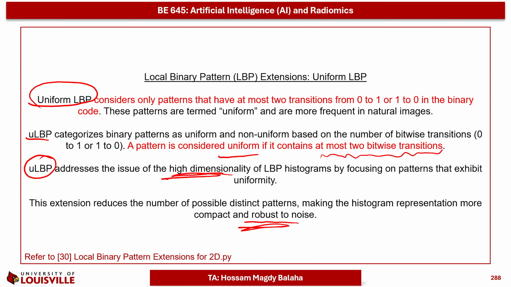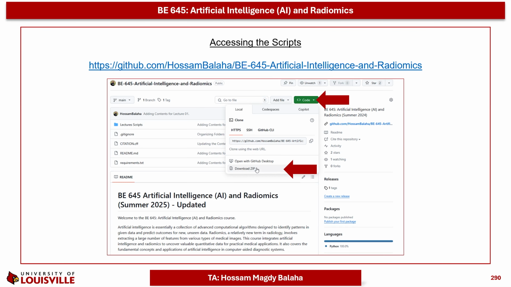So in this lecture, we have covered the meaning of local binary pattern and the beneficial points behind it. We illustrated its advantages and disadvantages and different extensions such as the uniform local binary pattern. Also, we discussed how to calculate the kernel, which is an essential part in calculating the local binary pattern matrix. Then we went through the different steps to calculate the local binary pattern matrix.